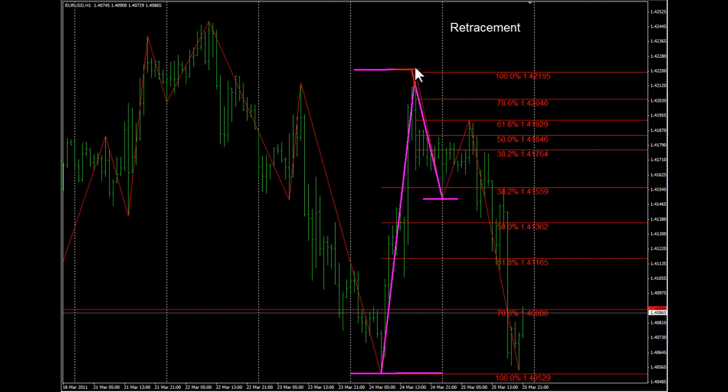Now, we also have this wave right here, this impulse, which is a retracement to that one. And that's where we have these price levels right here. So we have 38.2%, 50%, 61.8%, 78.6%, and 100%. Price in this particular case moved downward, down to this level, and only retraced up to the 61.8%.